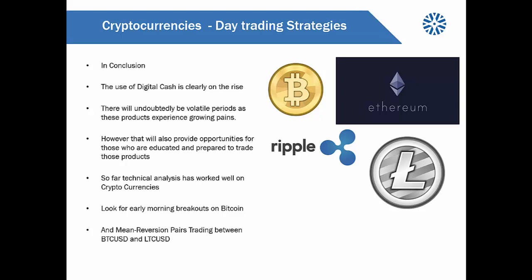We talked about how technical analysis has worked well on cryptocurrency so far, and in particular we looked at a couple of trading strategies: looking for early morning breakouts on Bitcoin, then the Bitcoin pop strategy, and also the opportunity to do mean reversion pairs trading between Bitcoin and Litecoin against the US dollar.